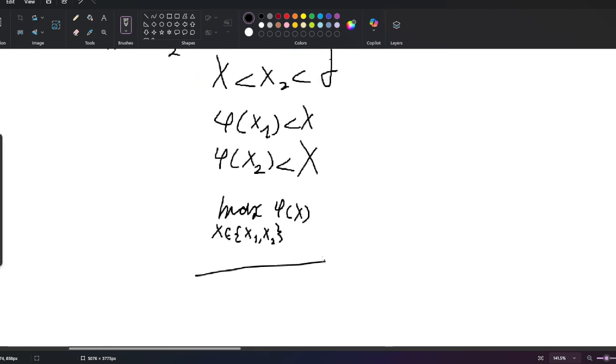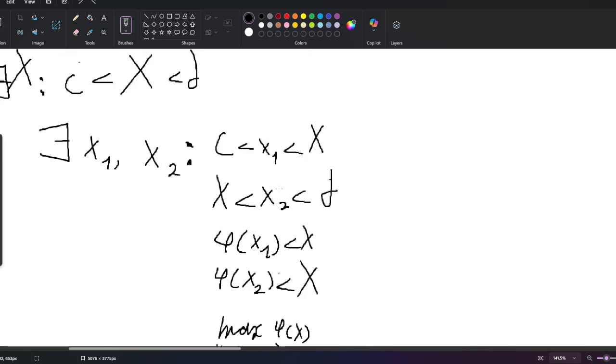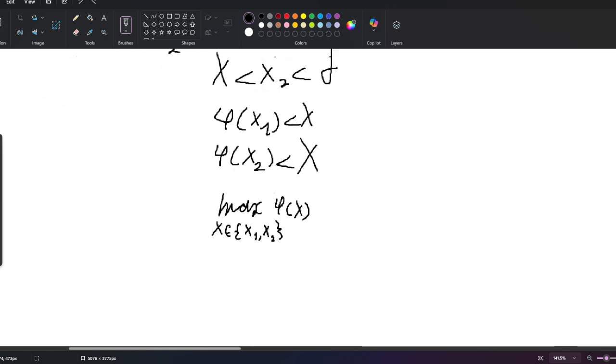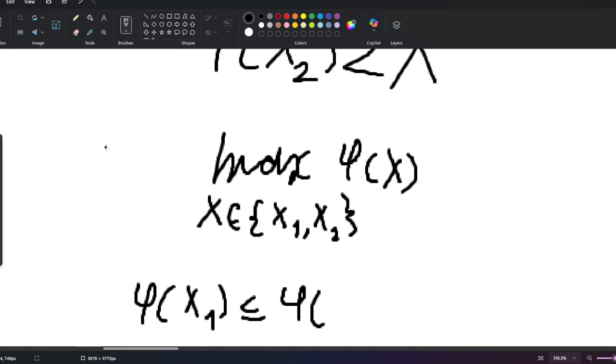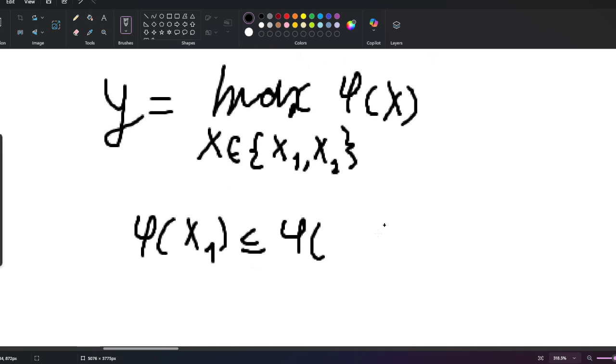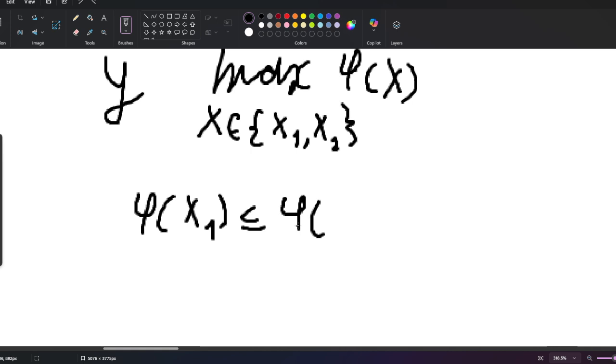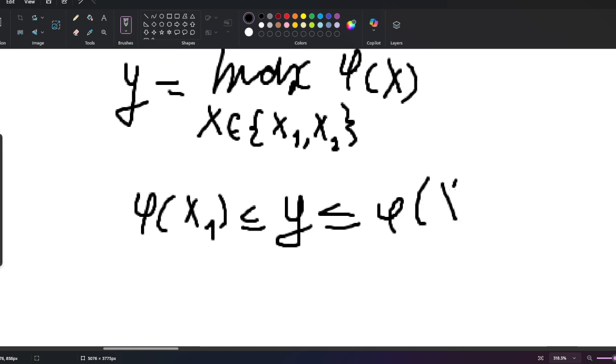Alright. Now, since we know that phi of x1 is less than or equal to y, let's call this y, which is less than or equal to phi of x capital.